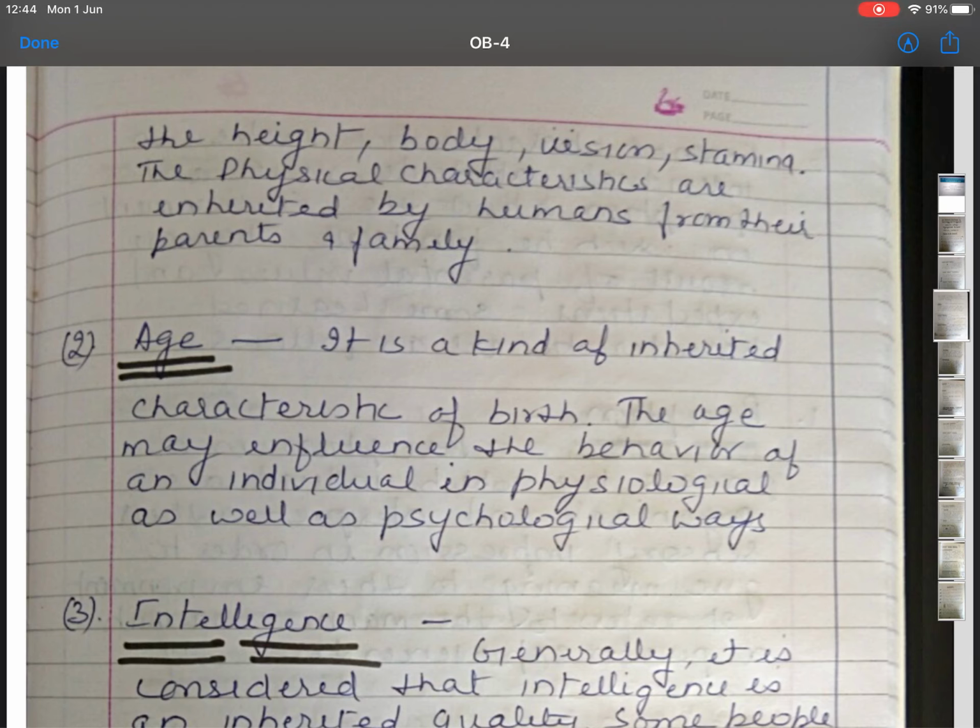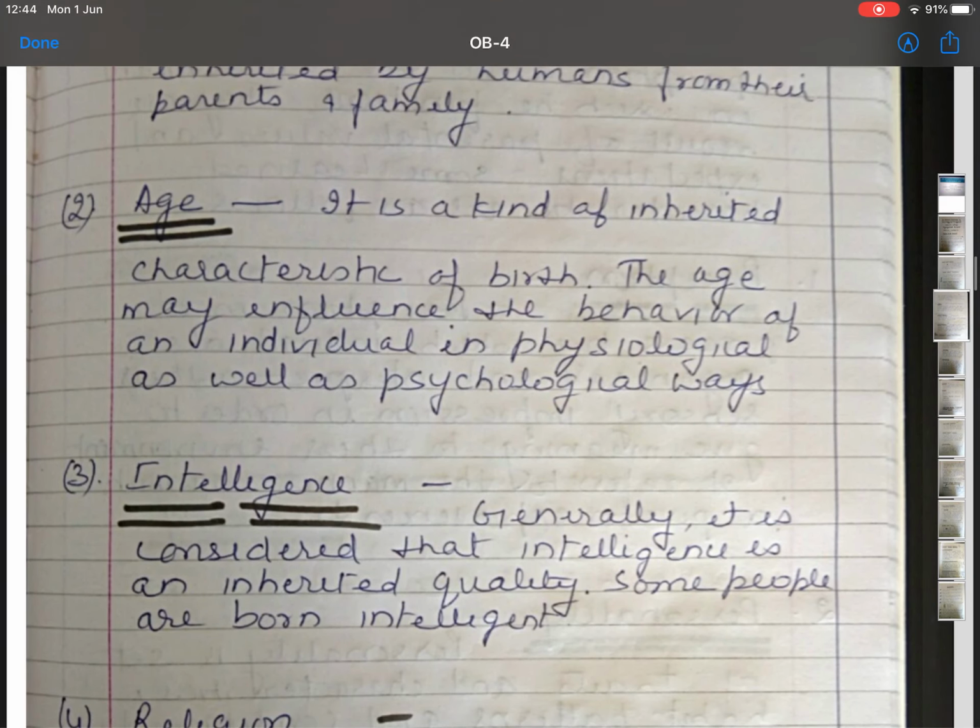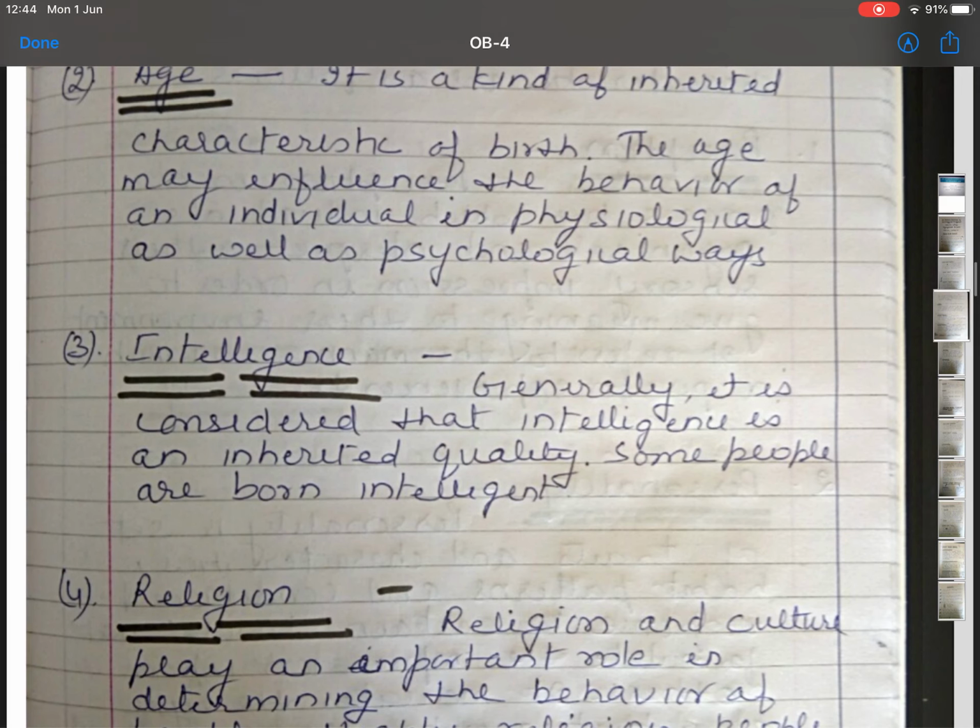Physiologically, young people are more energetic, innovative, risk-taking, and adventurous, while old people are supposed to be conservative. The third inherited characteristic is intelligence.